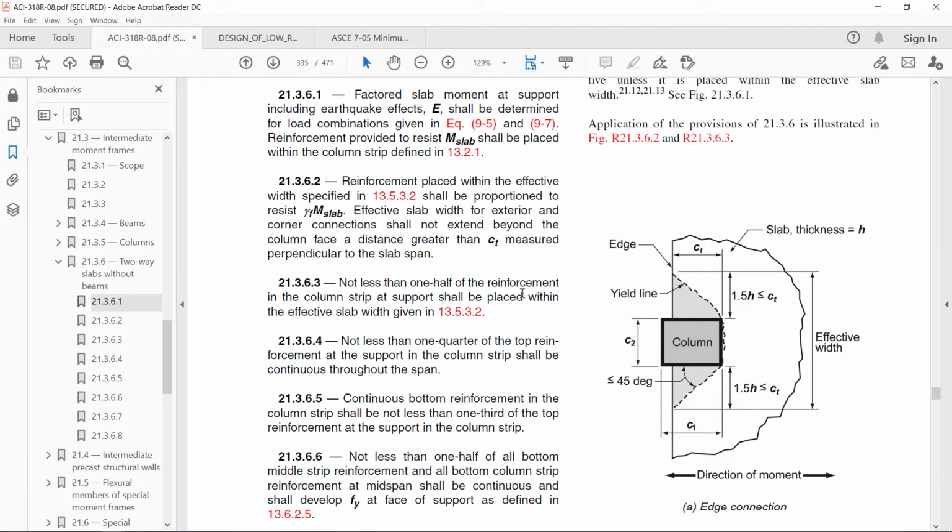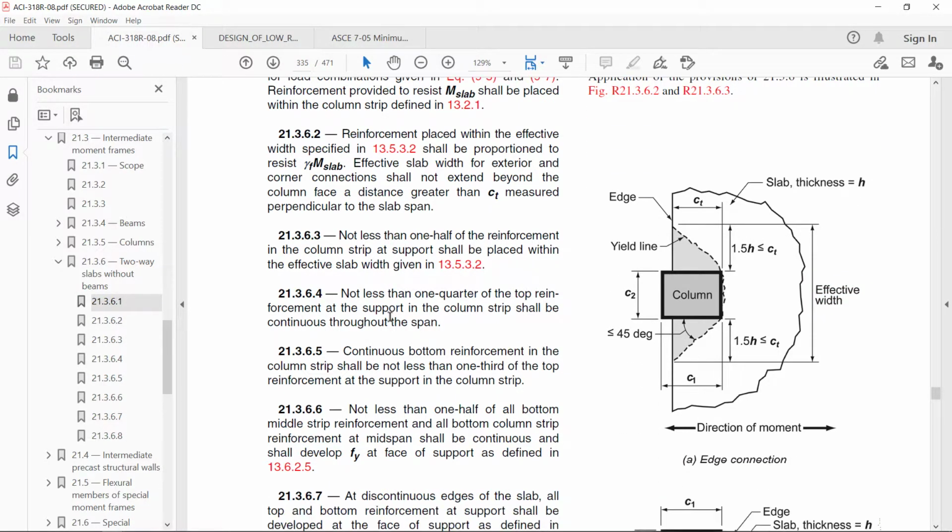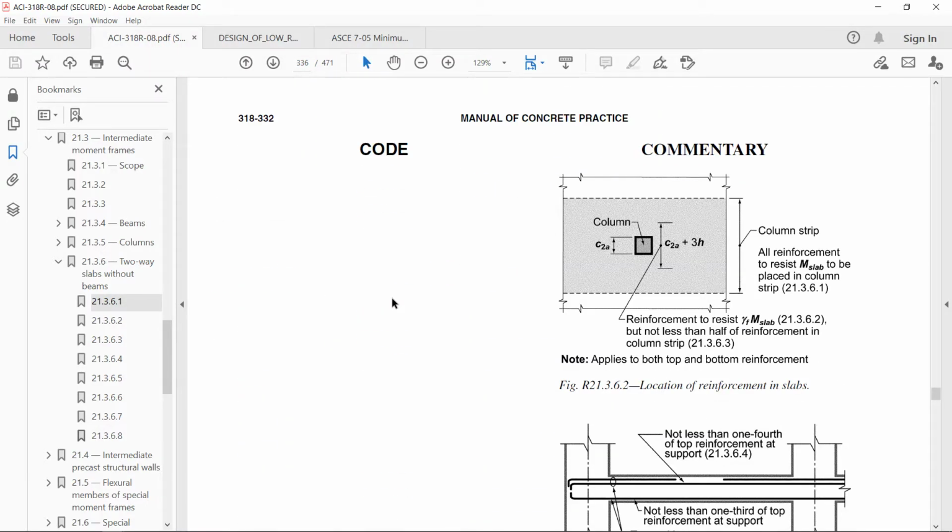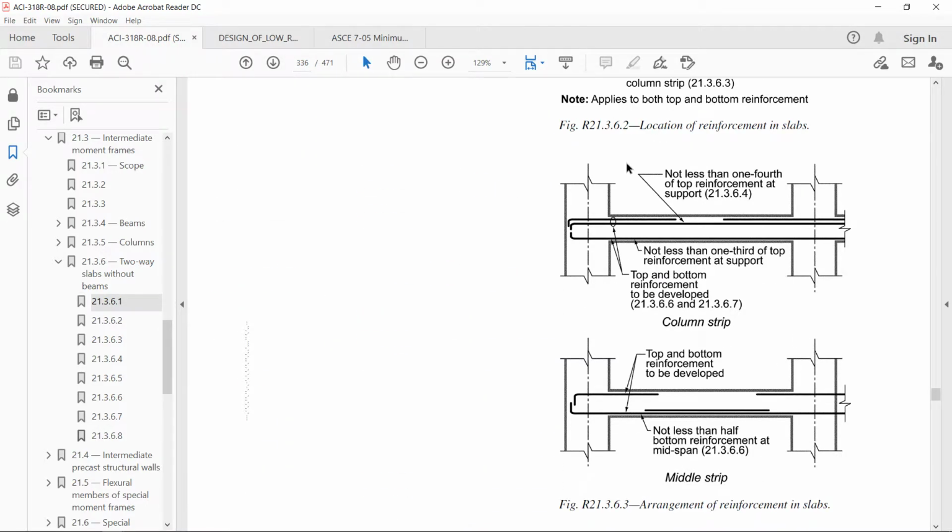And these conditions are explained here very well in this figure. That means top and bottom reinforcement to be developed as per ACI sections 21.3.6.6 and 21.3.6.7.